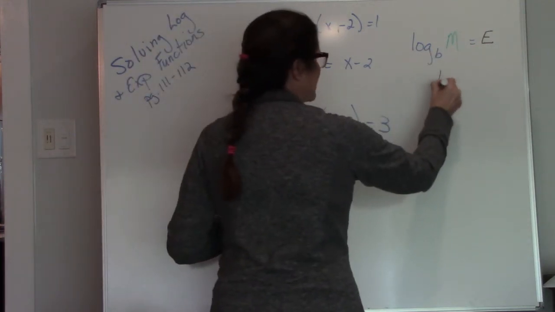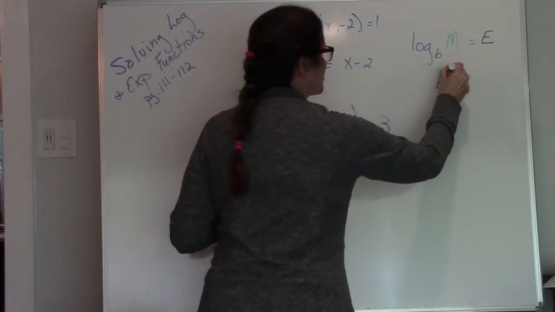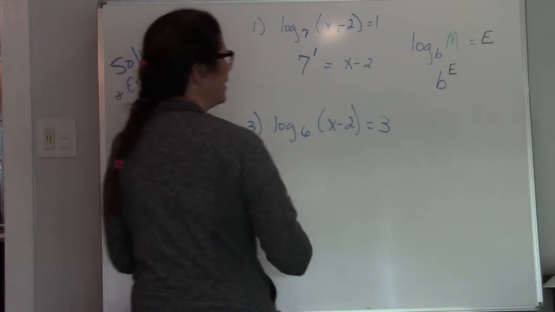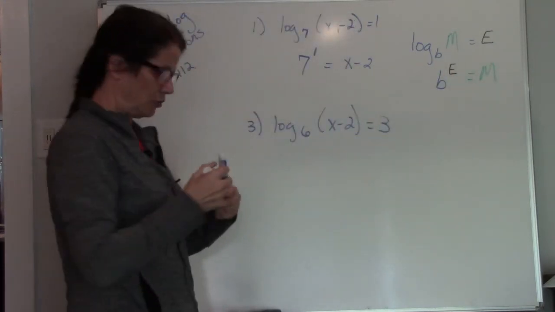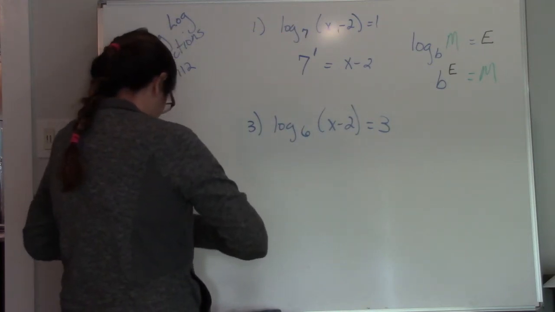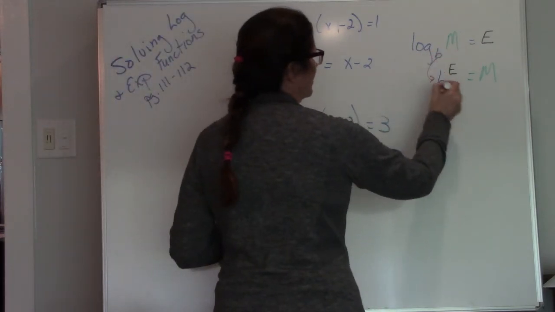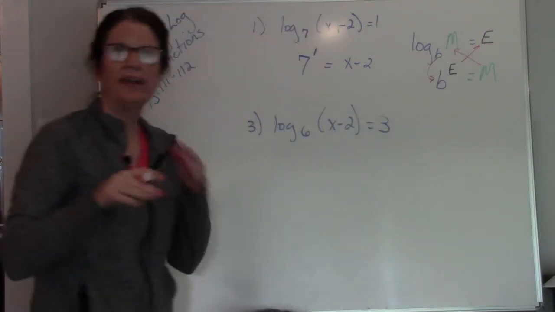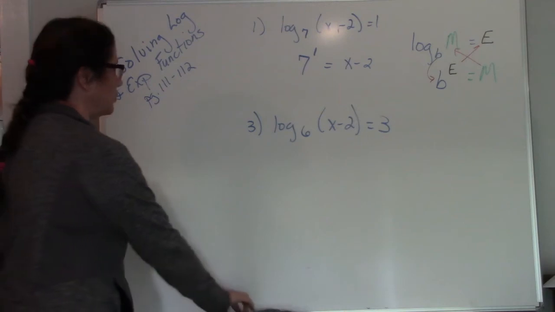B is my base, E is my exponent, and m is my total. So all we've done is take the log and rearrange it. There's your base, your exponent, and your total. It's just a rearrangement. That's all it is when you're dealing with logs to exponents.